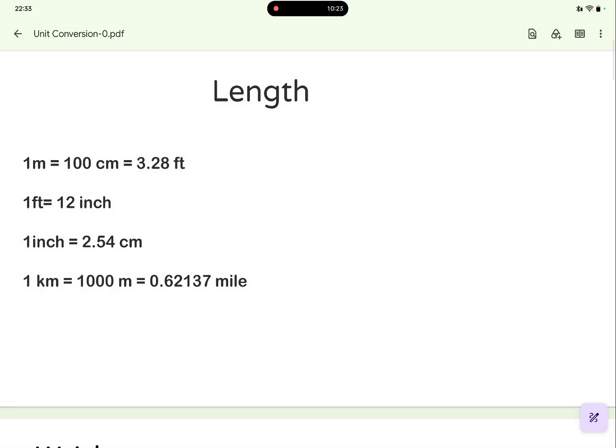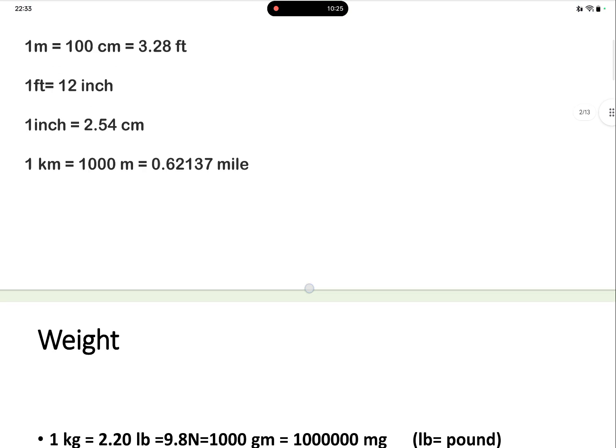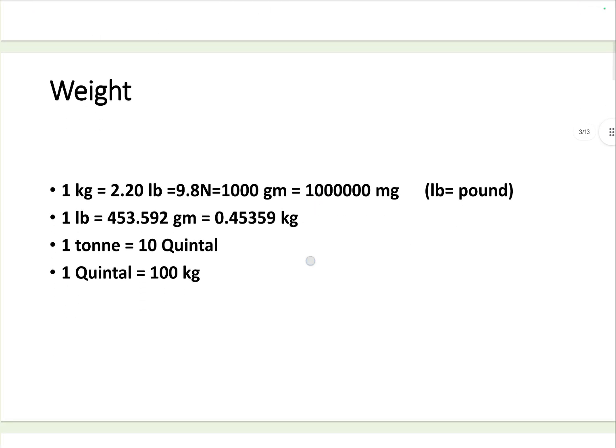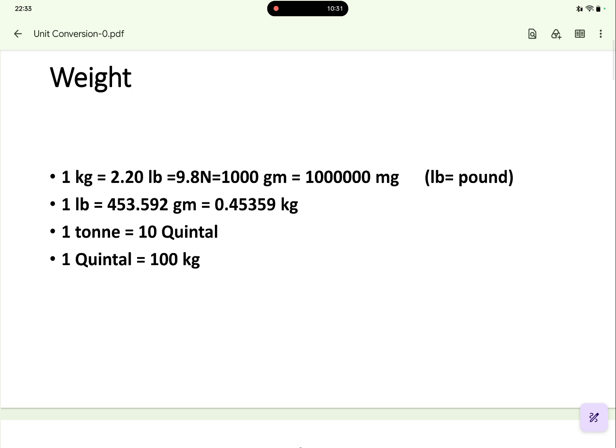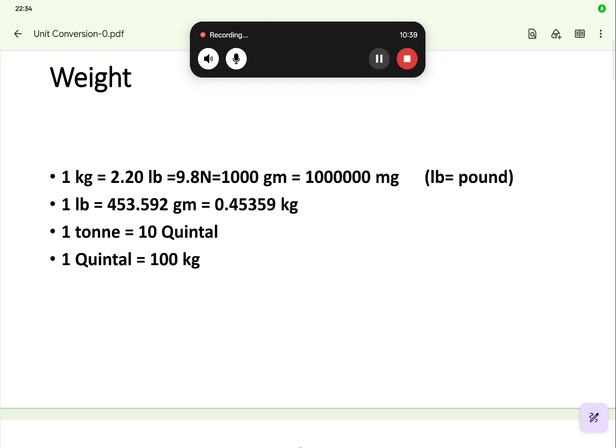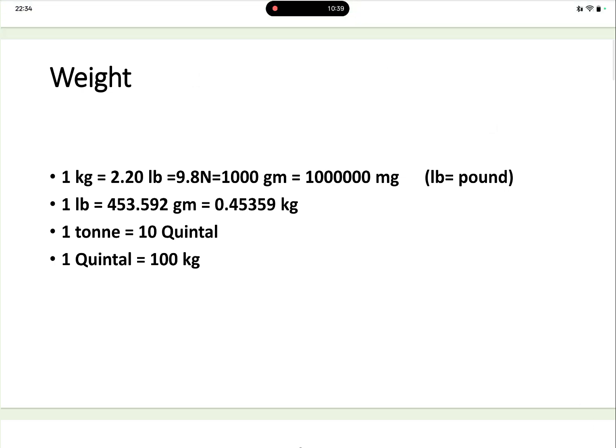Now coming to this card. Now this is another unit conversion, we need to talk about the weight, right? Weight is another unit conversion.